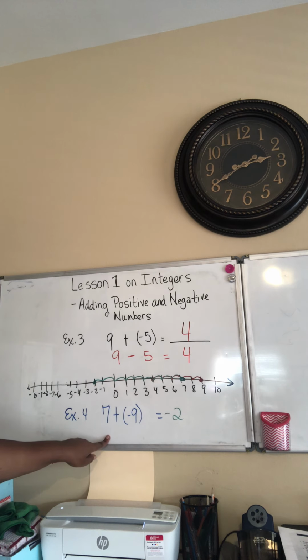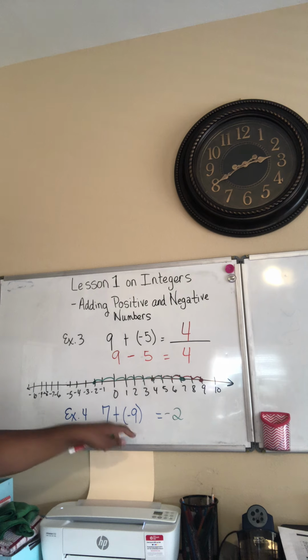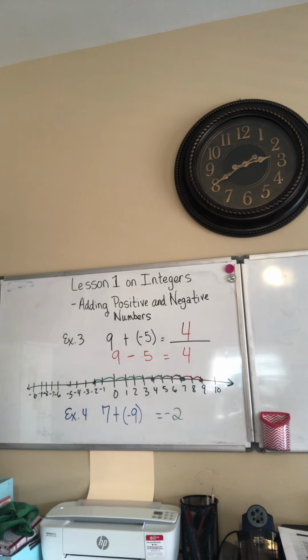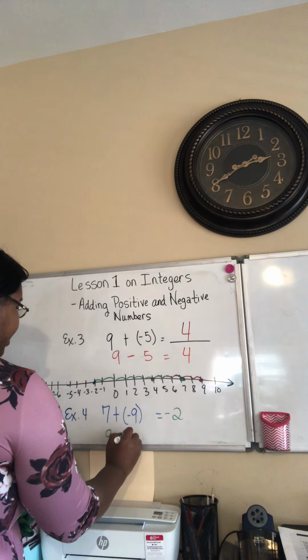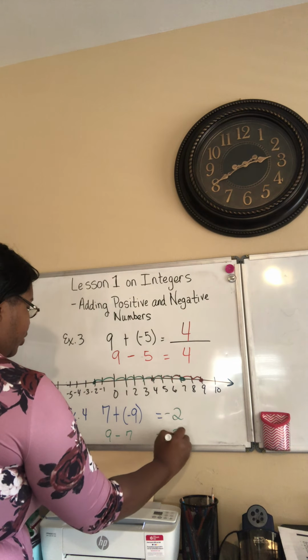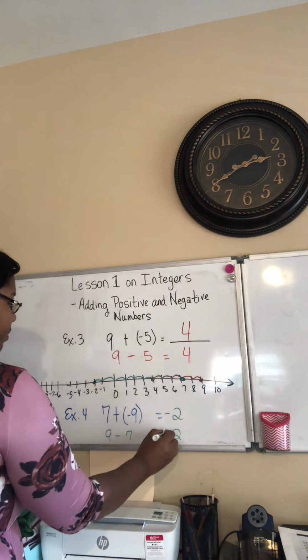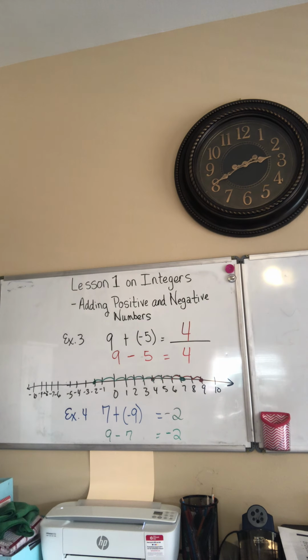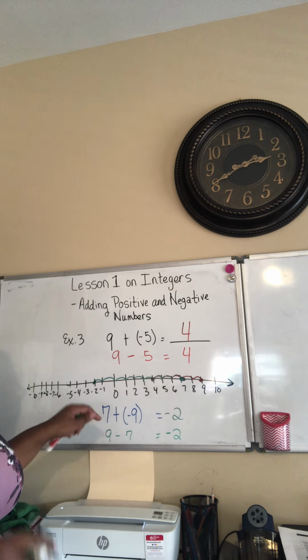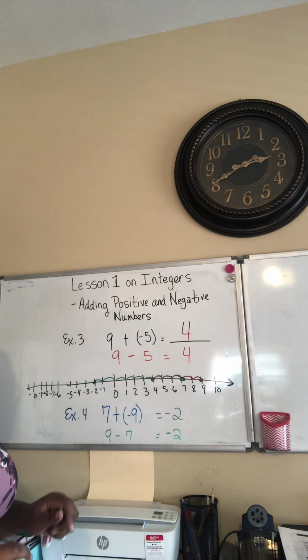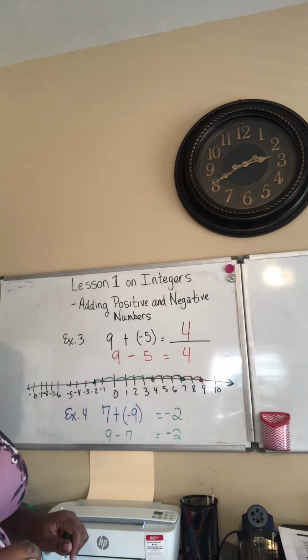Okay? So, what happens? We have 7 plus a negative 9. Could we say that this was the same thing as saying 9 minus 7 equals 2, but we took the sign of the bigger number? Yes. So, when you see these, where you have an addition problem with a positive and a negative, you just subtract the two numbers and take the sign of the bigger number.